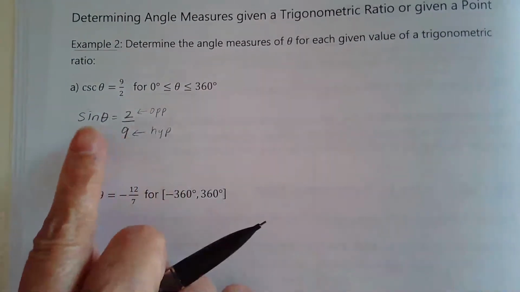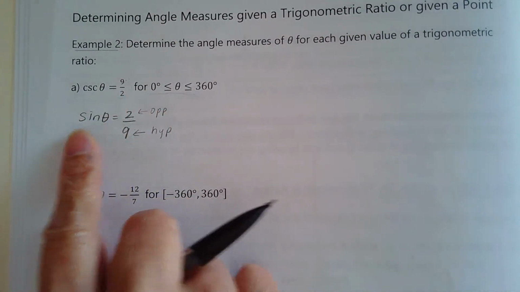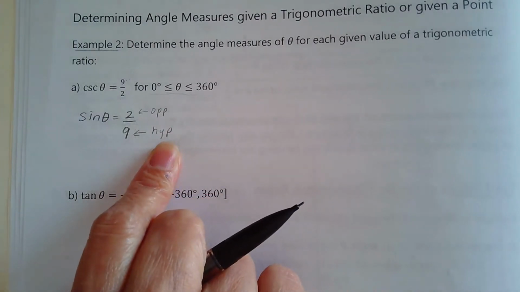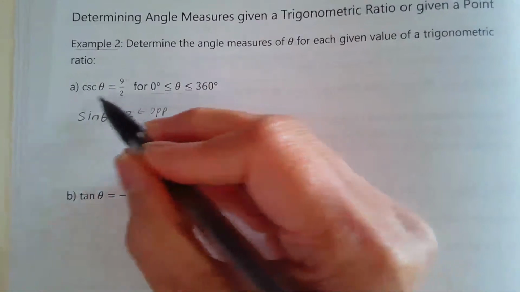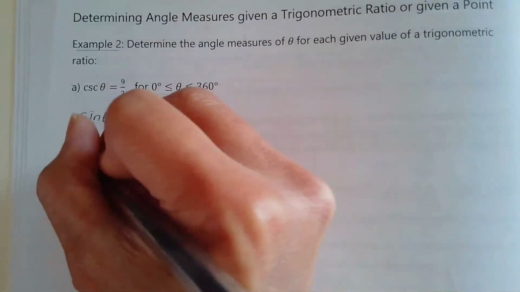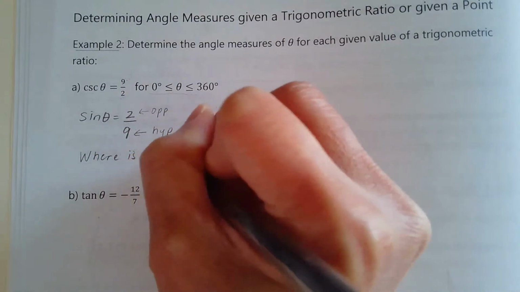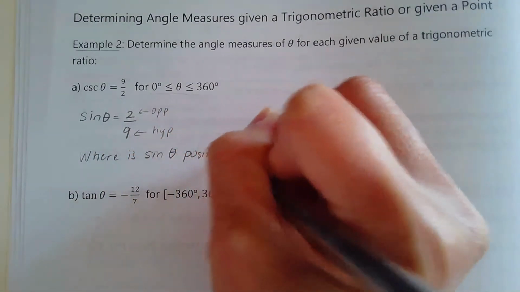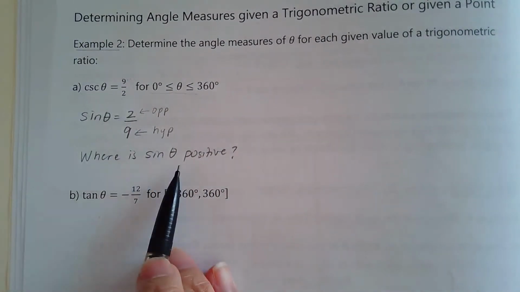Here's the other interesting thing that you're probably going to think about. If the opposite is 2 and the hypotenuse is 9, where is that? Where is sine positive? Where is sine theta positive?